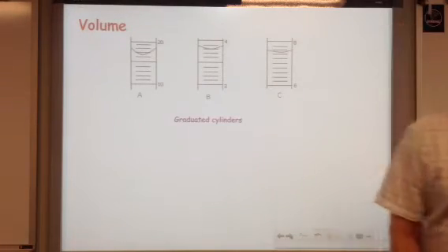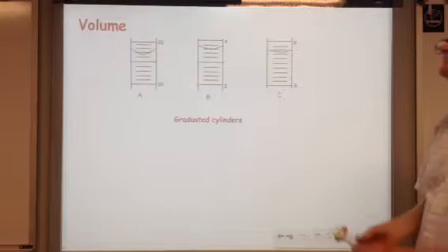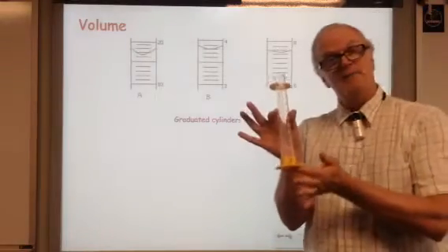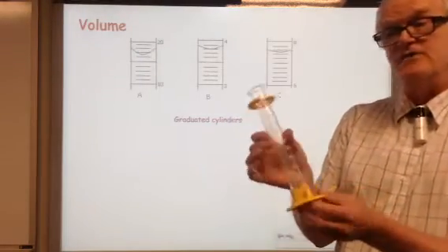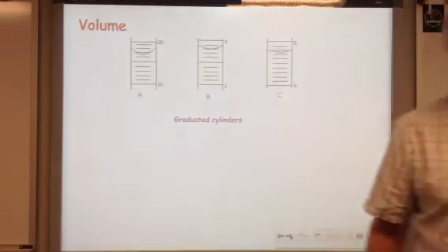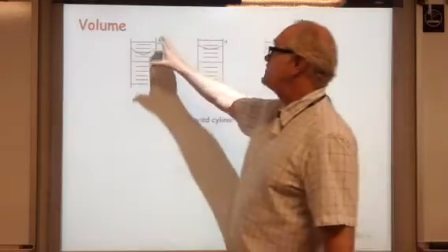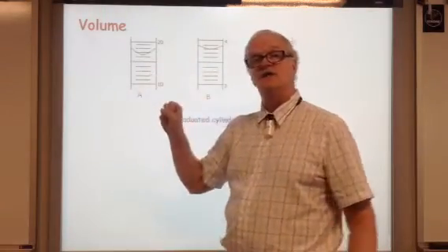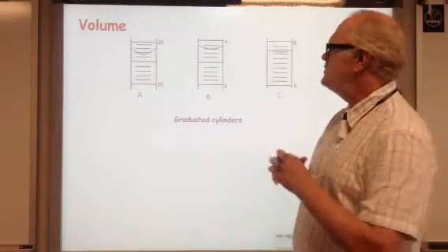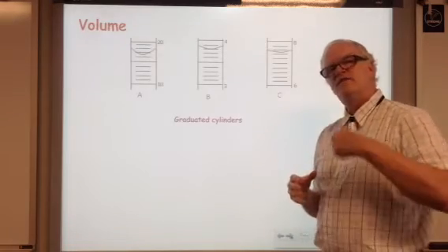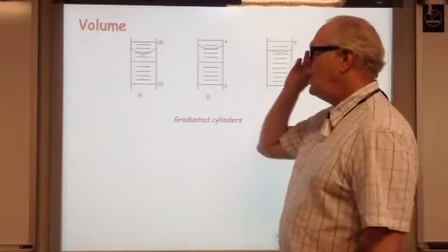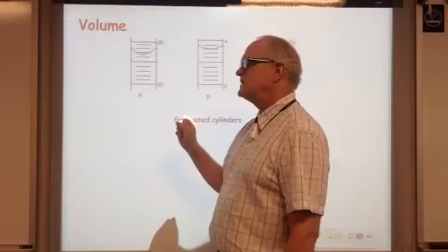All right, let's talk about how we're going to measure volume. Here's an example of a graduated cylinder. We'll see other graduated cylinders during the course of the year. And these drawings on this page here are drawings of parts of graduated cylinders. Oftentimes when we measure volume, it will be the volume of a liquid, and we're going to use a graduated cylinder.